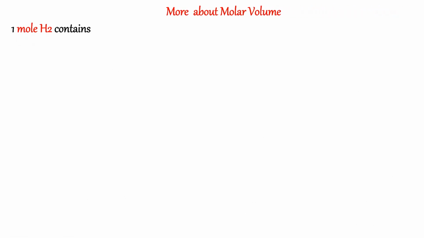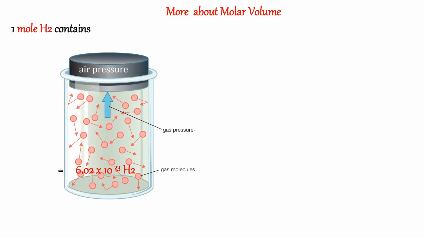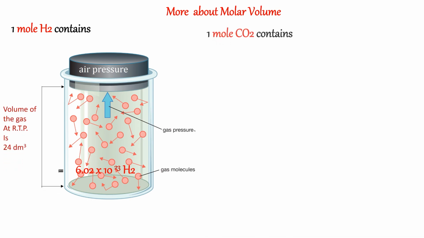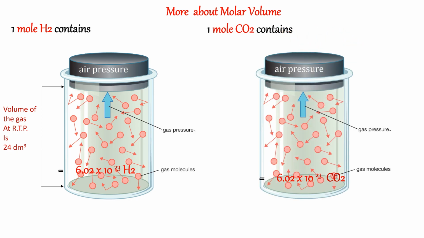More about molar volume. 1 mole hydrogen contains Avogadro number of hydrogen molecules, and if this is placed in a container, this occupies molar volume. And if this is 1 mole carbon dioxide, this equals Avogadro number of carbon dioxide. And if this is placed in another container, this will occupy another set of volume.